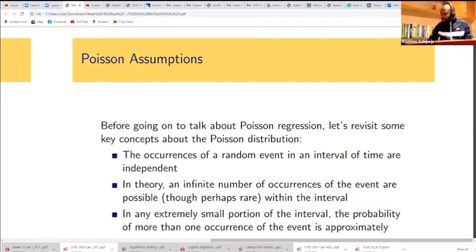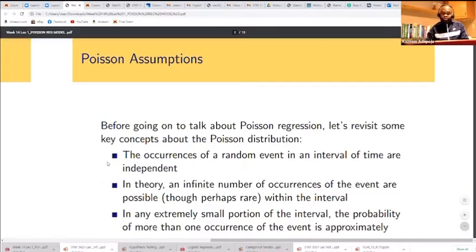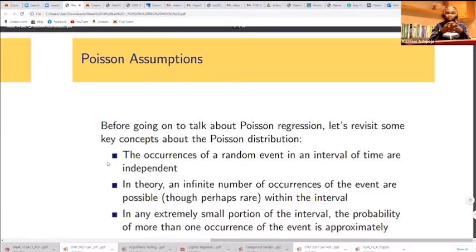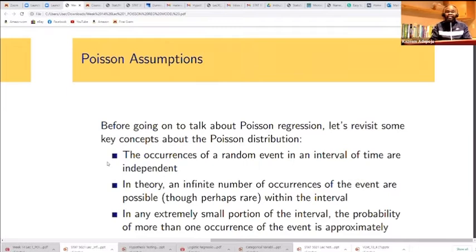Now, when we talk about Poisson distribution, one of the assumptions is that the occurrences of a random event in an interval of time are independent. They are independent in the sense that when you are considering a particular interval of time, the occurrence of an event in that interval, because it's purely random, is independent of another event.